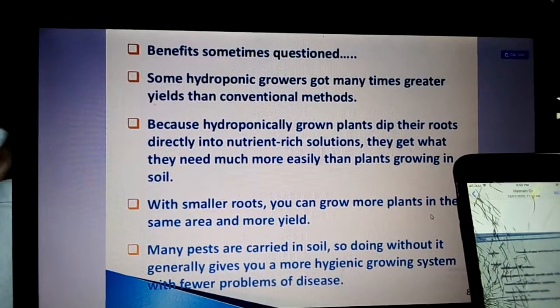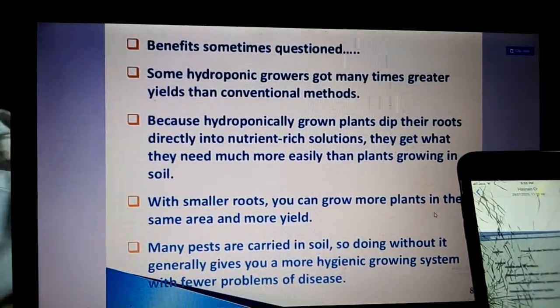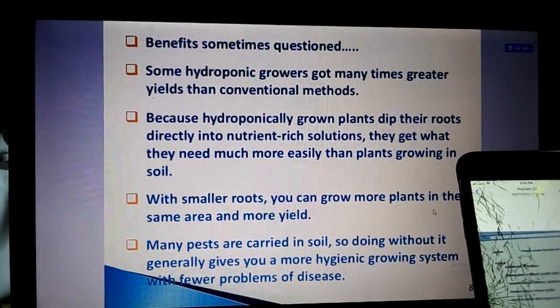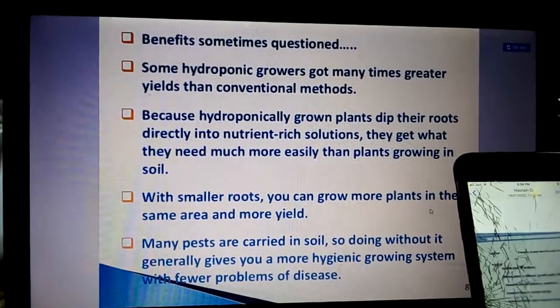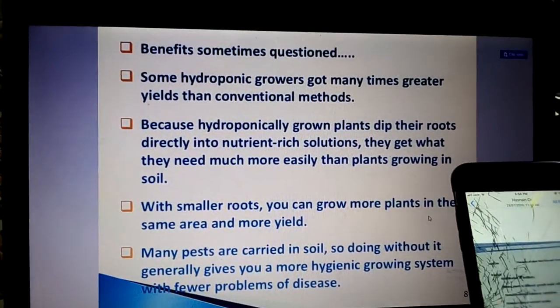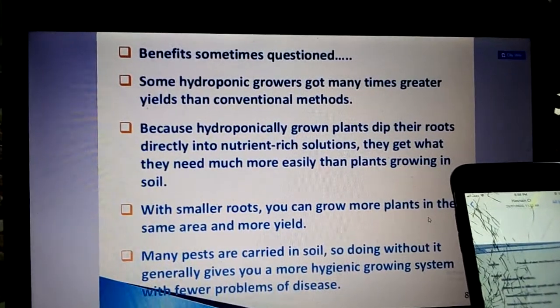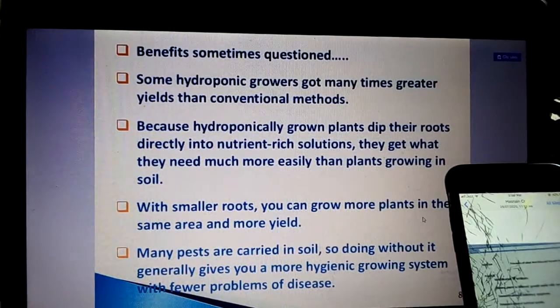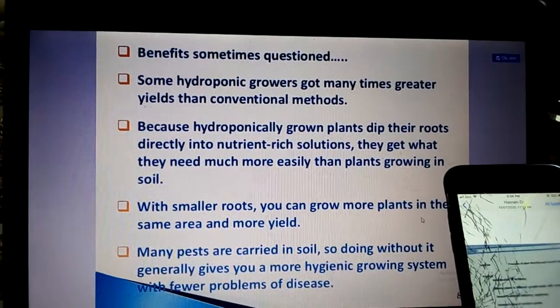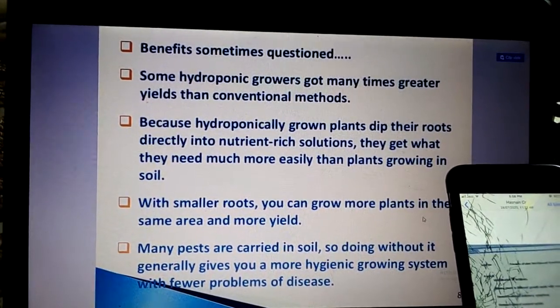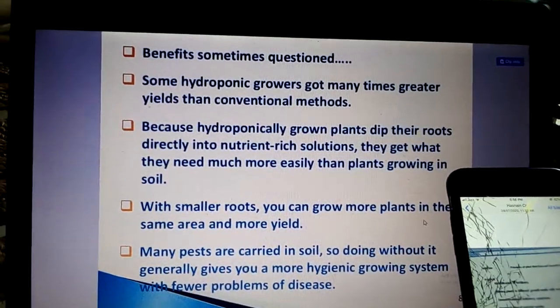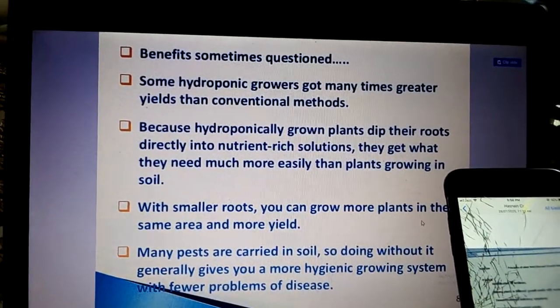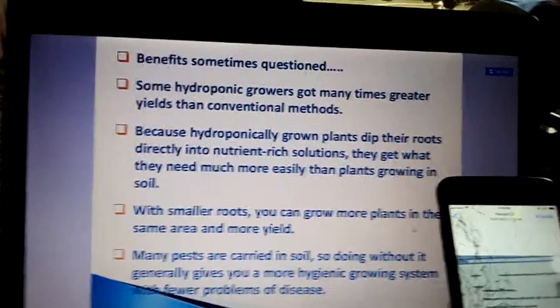They get what they need much more easily than plants grown in soil. With smaller roots, you can grow more plants in the same area and get more yield. Many pests are carried in soil, as you know, so doing without it generally gives you a more hygienic growing system with fewer problems of diseases.